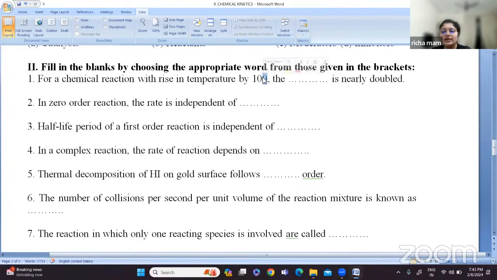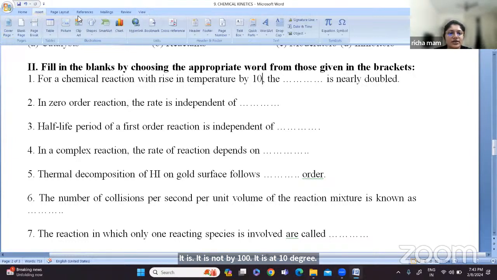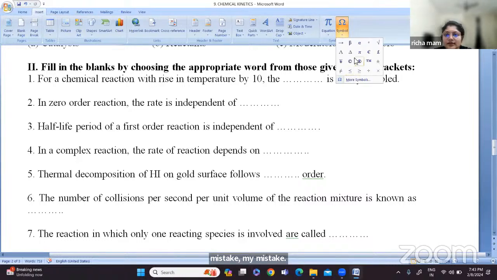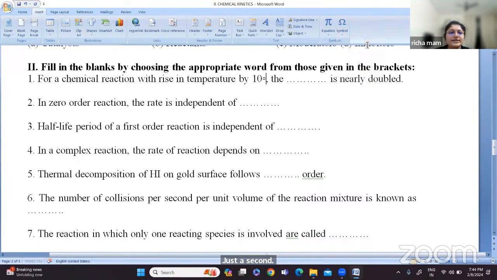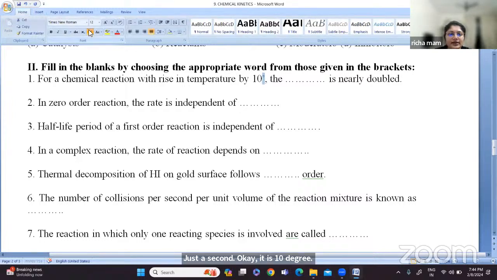It is not by 100, it is by 10 degree. Okay, small mistake, my mistake. Okay, it is 10 degree. So for a chemical reaction with the rise in temperature by 10 degree, the dash is nearly doubled.